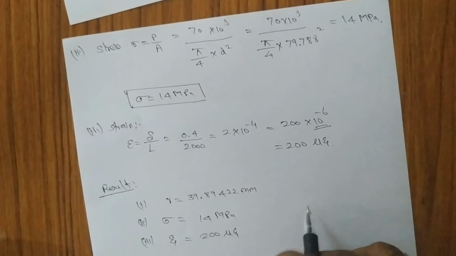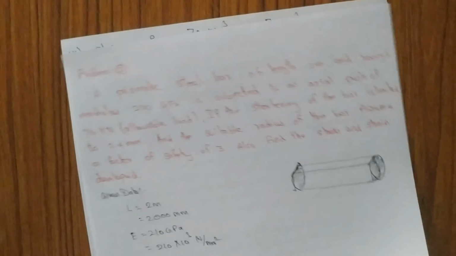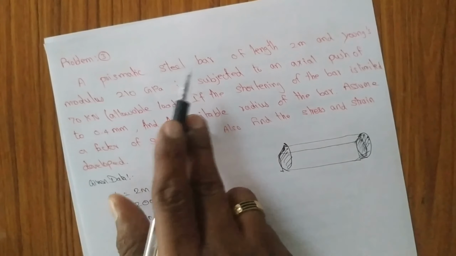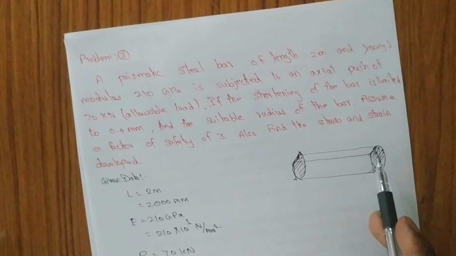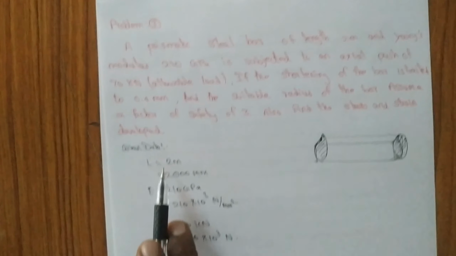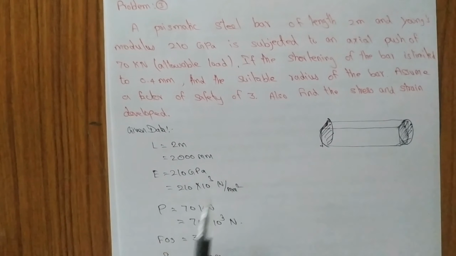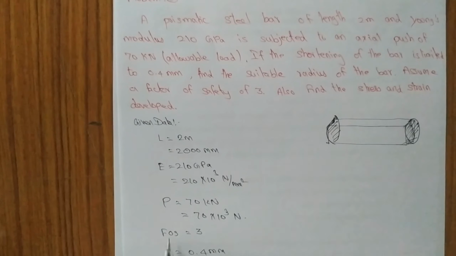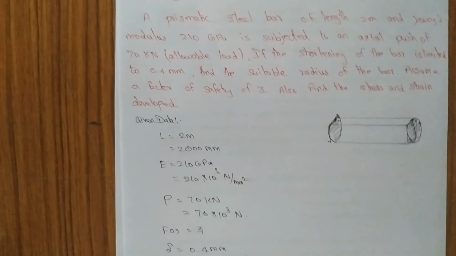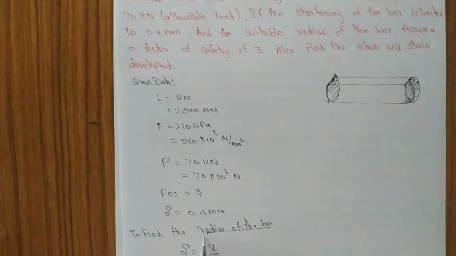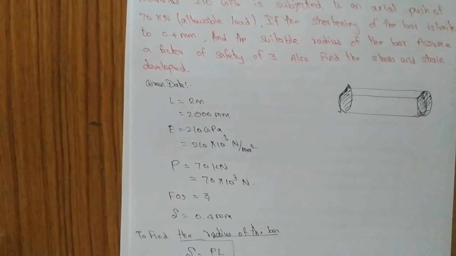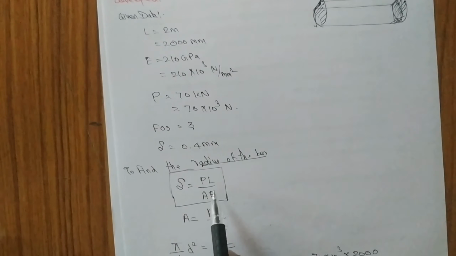Let's do the revision. They give us a prismatic bar, which has a uniform cross section, but since they give the radius, it is a circular bar. Given data: L equal to 2 meter, Young's modulus, load equal to 70 kilonewton, and the factor of safety. From this we identify the radius of the bar. The deflection formula is PL by AE.